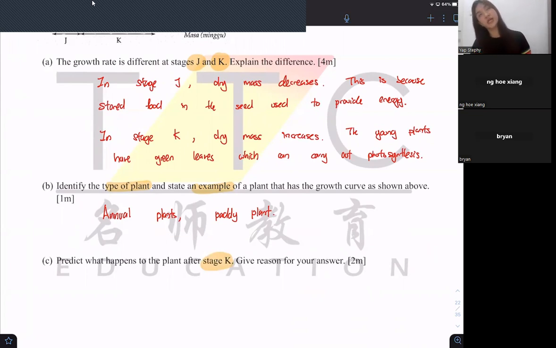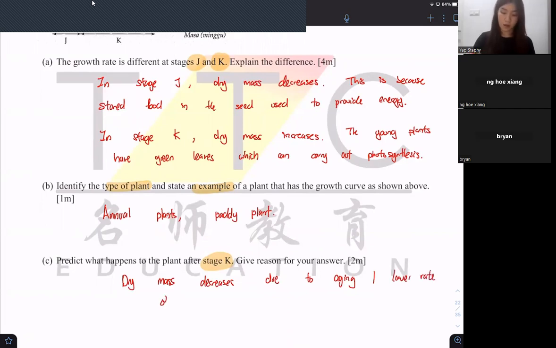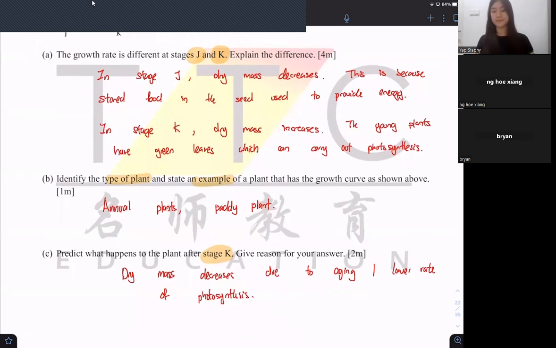Yeah, so after the stage K already, then compulsory for the dry mass will decrease. Yeah, because they will go to the another stage for the aging process. So dry mass decreases due to aging, or you want to write the lower rate of photosynthesis also can.